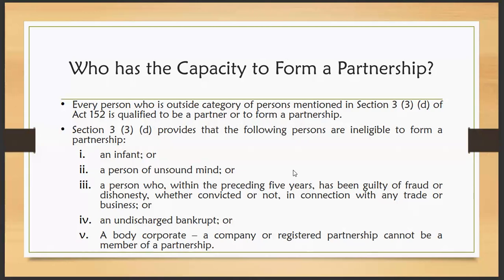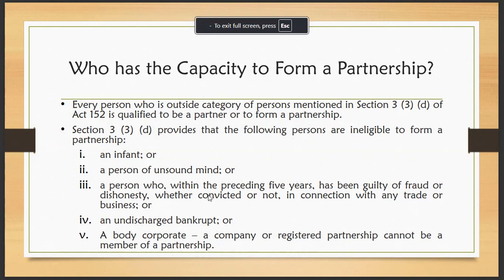So going by that, one can safely hold the view that this aspect of section 3 is also unconstitutional, especially the aspect which says whether convicted or not. If a person has not been convicted, how can that be a ground to disqualify the person?